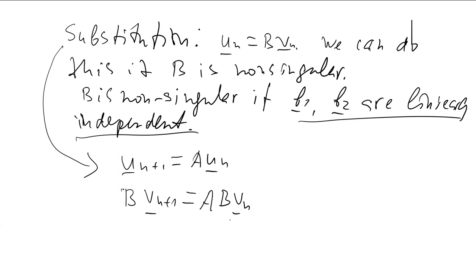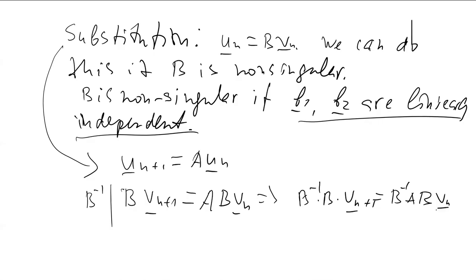Now, if B is non-singular, then we can multiply from the left by the inverse of B. Then we will have inverse of B times B v_{n+1} equals inverse of B times A times B times v_n. So this is identity.